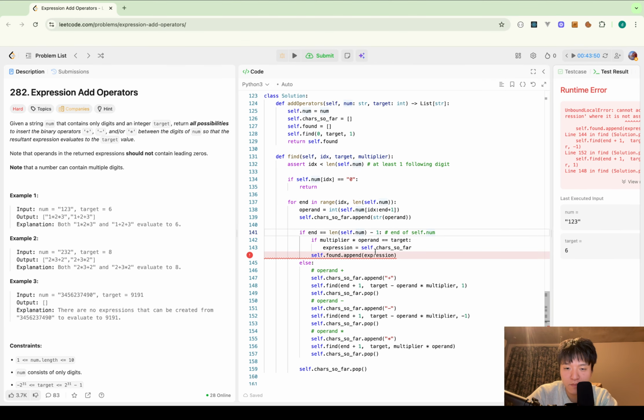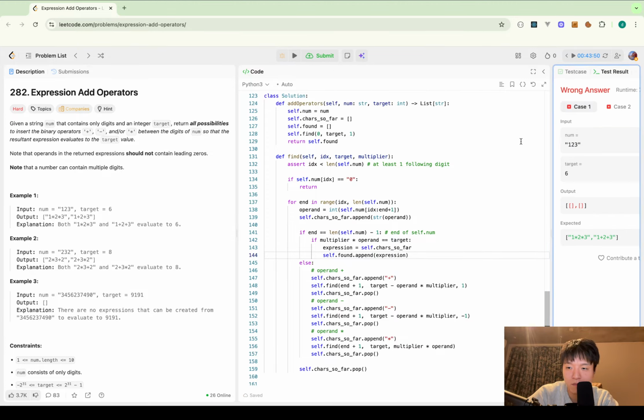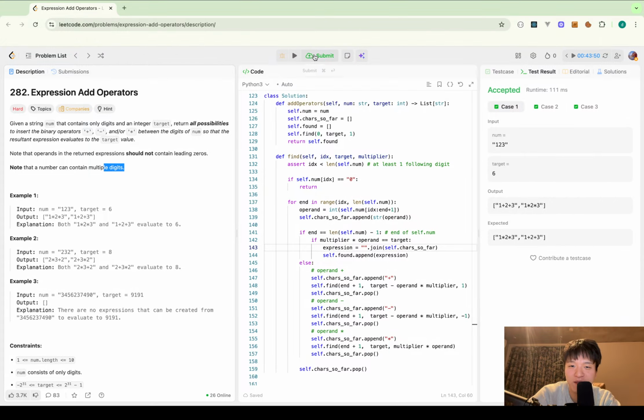So the expression is created here. Oh, sorry, this should be added here. Seems like the expression is saved. Okay, accepted on the sample. Let me submit.